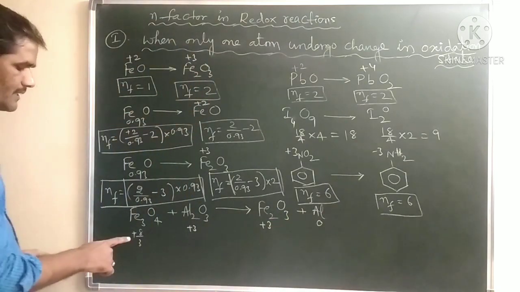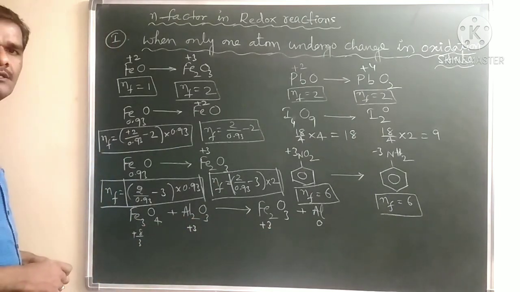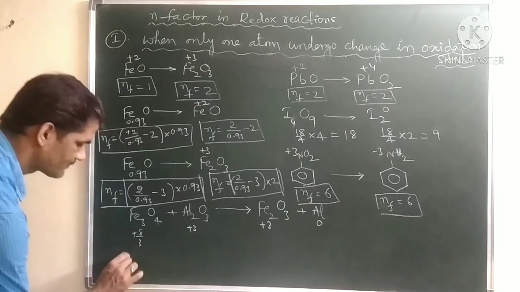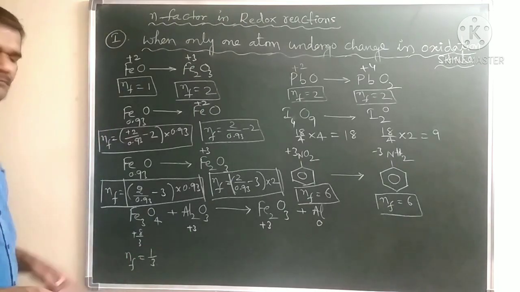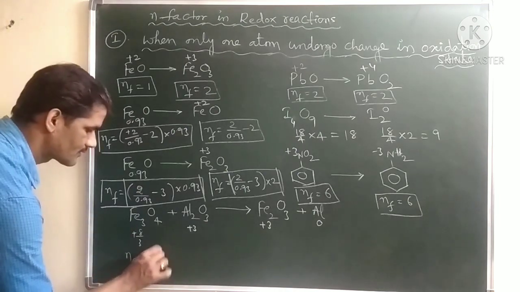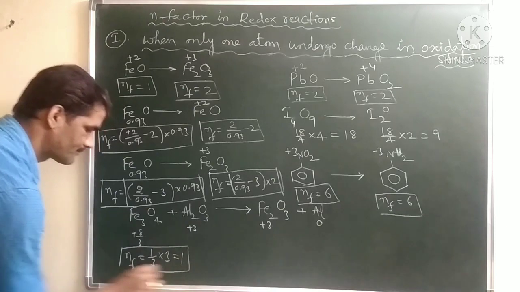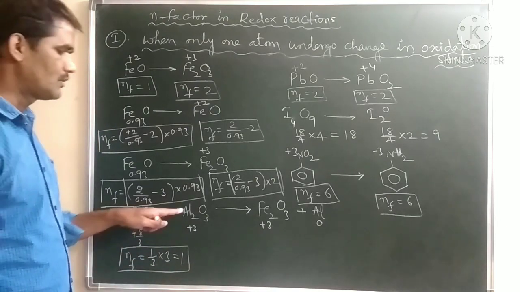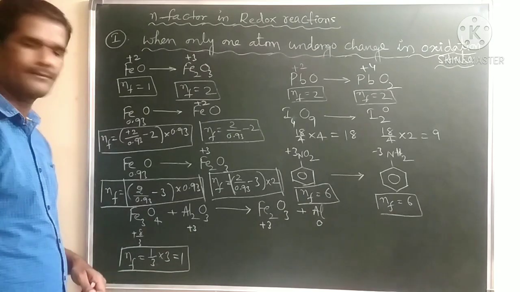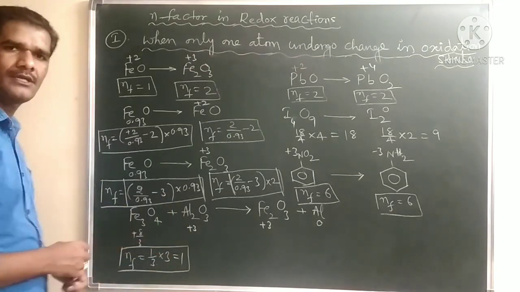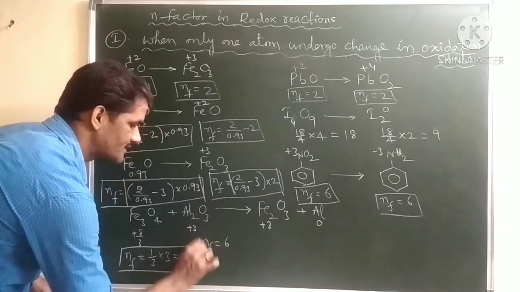Now the change from plus 8 by 3 to 3 gives 1 by 3. The change is 1 by 3, but there are 3 iron atoms, so into 3 will give N factor 1. Similarly alumina, plus 3 to 0 aluminium, but there are 2 aluminiums, 2 into 3, so the N factor is equal to 6.